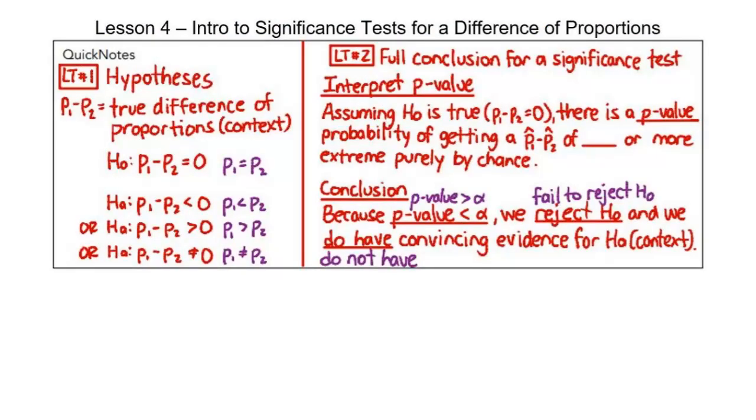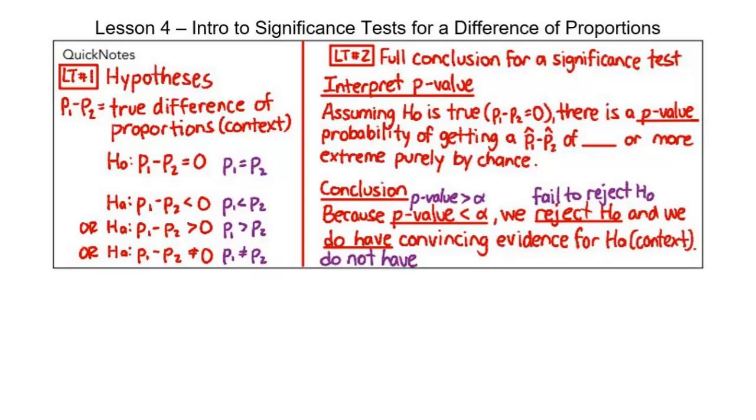All right, so on page 10, this is when we're dealing with a difference of proportions. Do you guys remember on the intervals when we had a P1 minus P2? One of the things I want to point out here, it's P1 minus P2, not P hat 1 minus P hat 2. P hat 1 minus P hat 2 is my statistic. I know this. I don't need a variable to represent something that is known. P1 minus P2 would be the true difference of proportions for whatever my context is here.